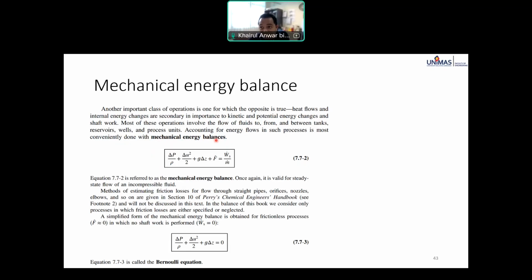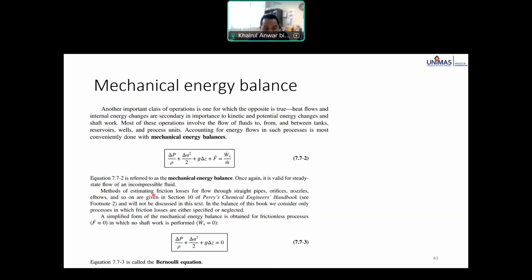So far you learned about closed systems and open systems. Now is mechanical energy balance. It's different. The terms are different. This is valid for steady state flow of incompressible fluid, water, obviously.